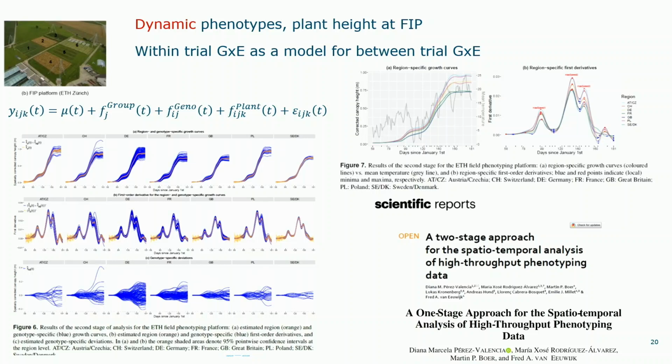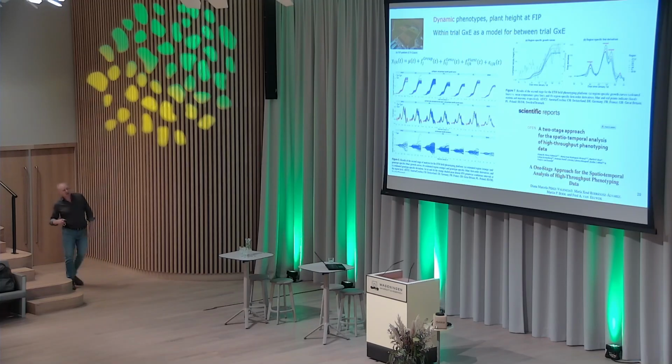And in the end, what we really want is to understand these bumps that we see, whether these can be related directly to something that happens inside the environment, within the trial. And of course, the pretension is that by modeling within-trial G by E, we're able to extrapolate to between-trial G by E, so we don't have to do all these trials over time and at different locations.